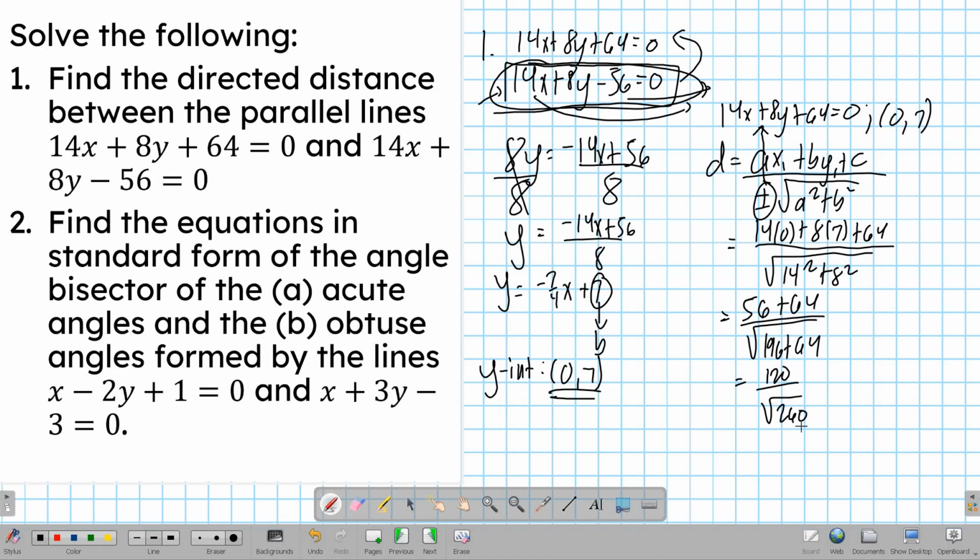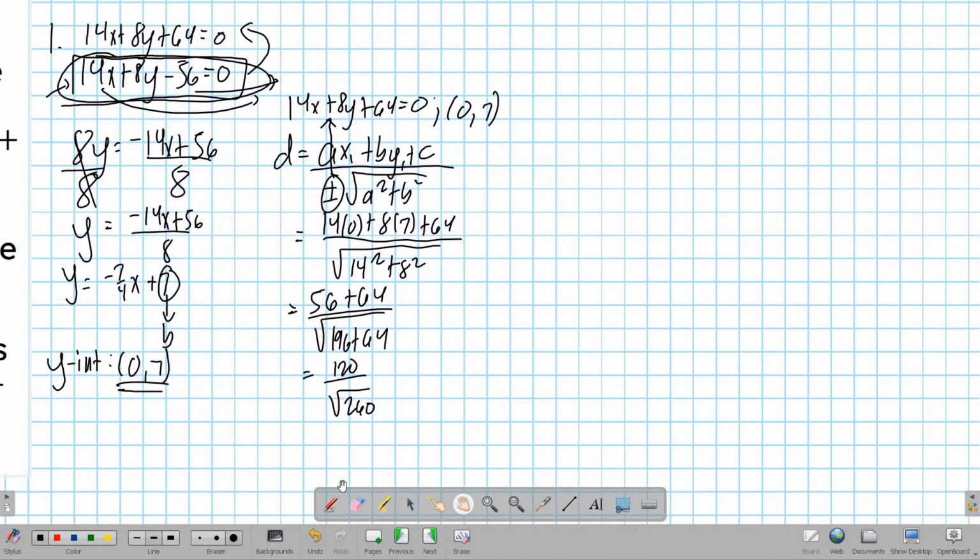So now, we need to get the square root nitong 260, ano? Square root of 260, that would be 26 times 10. So, magiging 13 times 2, and 2 times 5. So, that becomes 2 square root of 13 times 5.